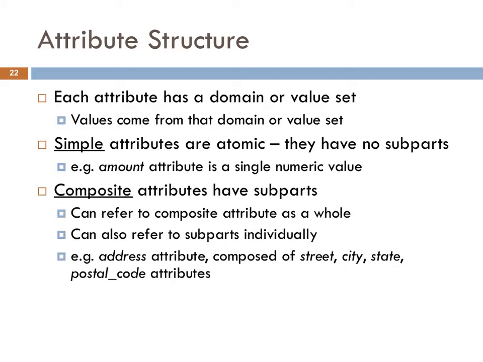So simple is just some atomic value, like name would be a great example, or last name, or address, that kind of stuff. Composite attributes have components, and so they can be heterogeneous. That's perfectly fine. So you can have different types of components, and you can reference the subparts individually.